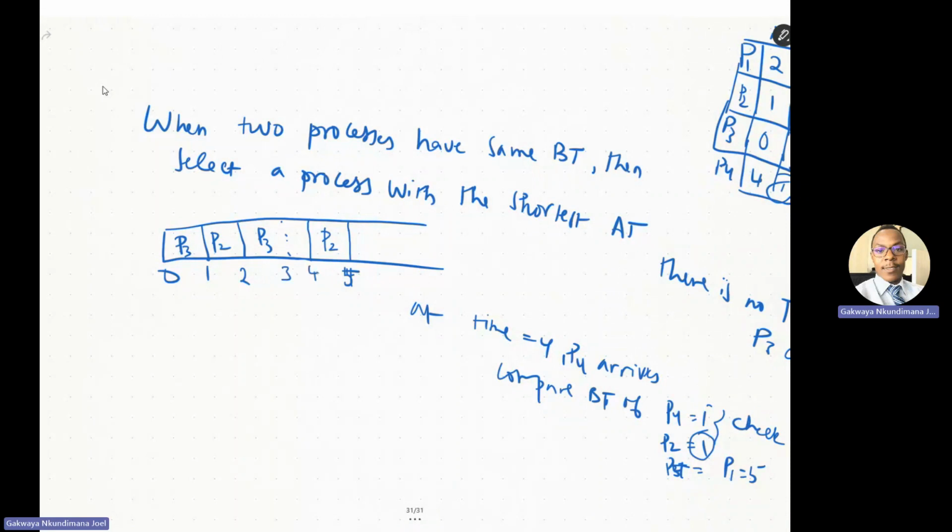At time 4, P4 arrived, and P2 was in the waiting queue. P4 also arrived, right? Let me read this part again. I just want to write this clearly so you see it.